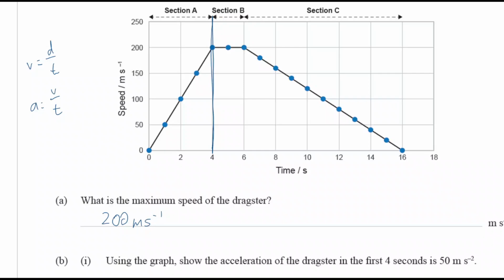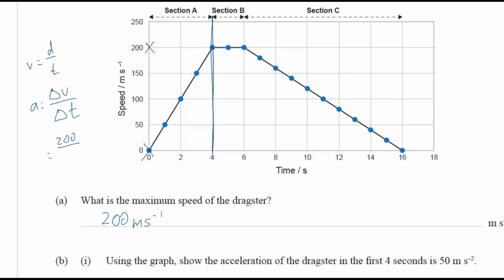So for a speed time graph, acceleration is equal to the change in speed over the change in time. And so for us, the change in speed goes from 0 up to 200 meters per second. So the change in speed would just be 200, or 200 minus 0.